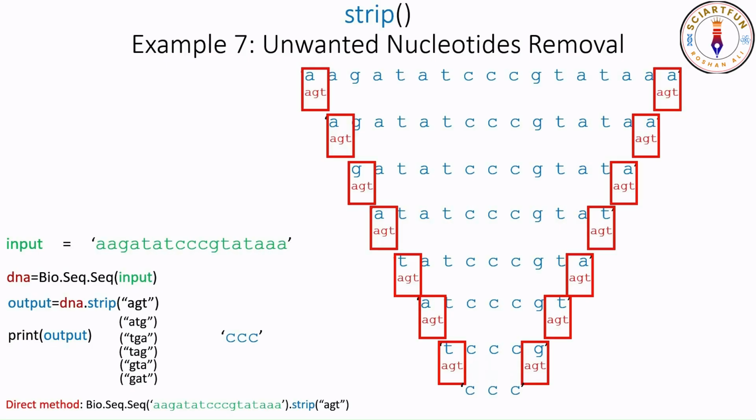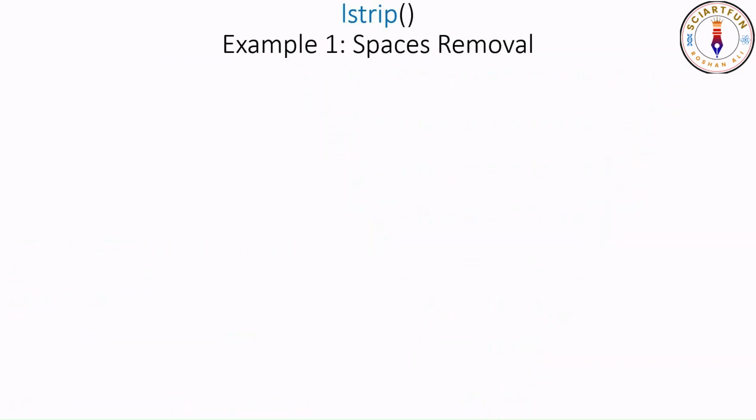As you can see, at the end we are left with this shortest sequence. Because it has C at both the terminals, so no need to strip any further.